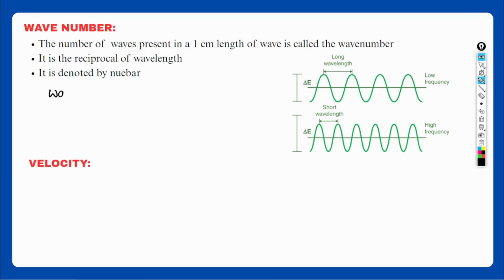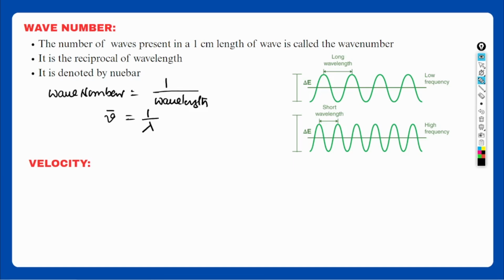Wave number is equal to 1 by wavelength. It is denoted by nu bar. Nu bar is equal to 1 by lambda.